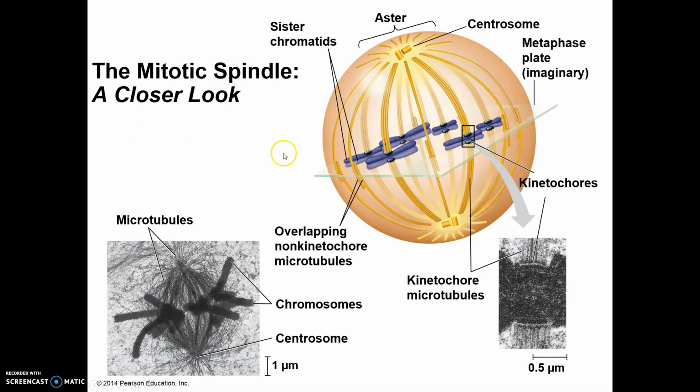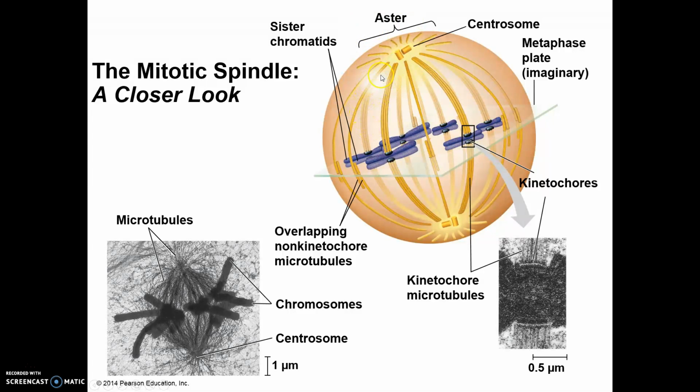All right, real quick, a closer look at this mitotic spindle. So we have the centrosome, two of them at either end, with all those flower-like arrangements of microtubules extending out. We refer to that as the aster.